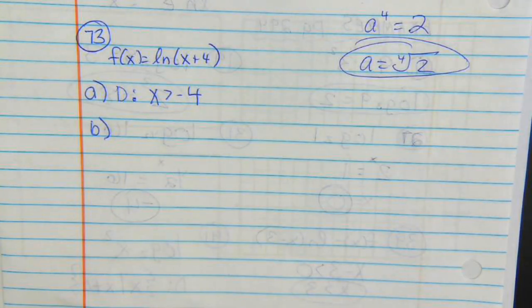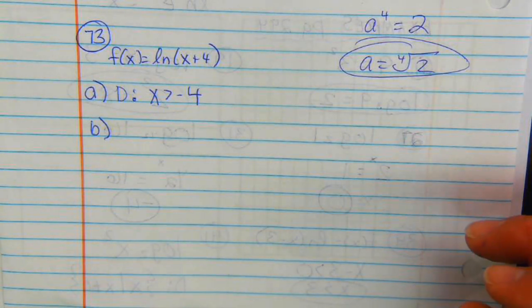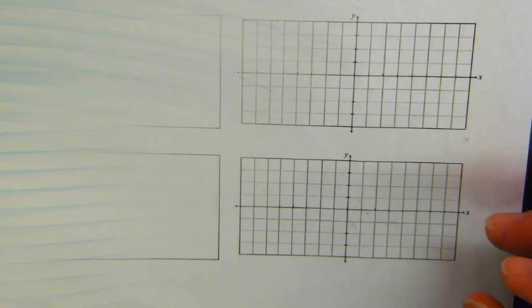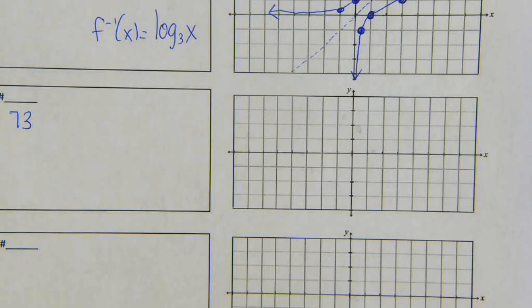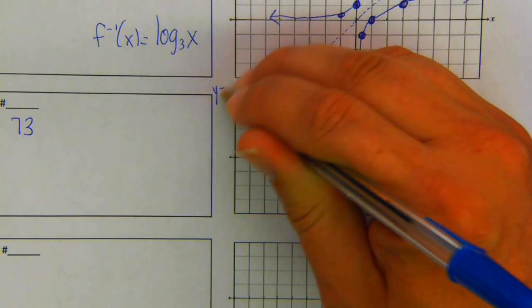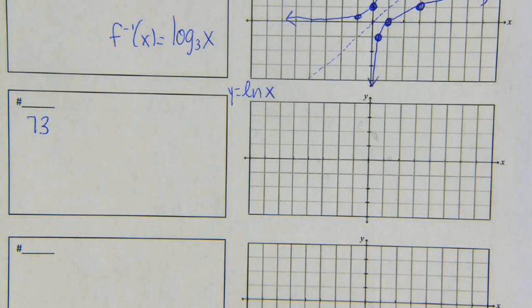B says to actually graph the function. Okay, so I'm going to go back to 73 on the graph here. I'm going to graph just to see what y equals ln x is, because ln x plus 4 is just going to be shifted left 4.